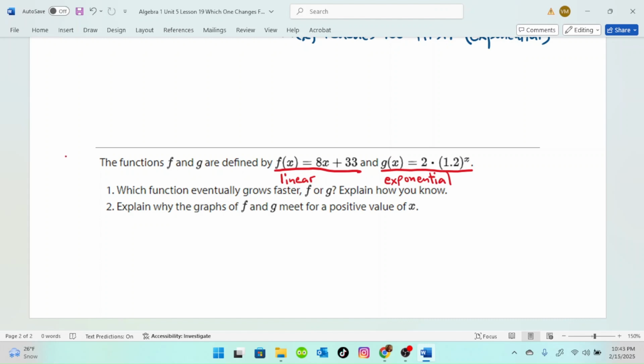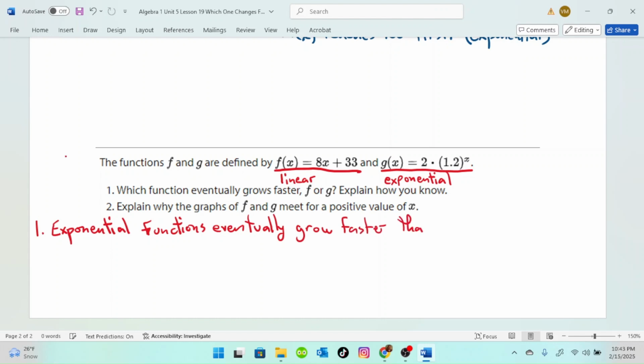So, when we're trying to determine which one eventually grows faster, exponential functions eventually grow faster than linear.